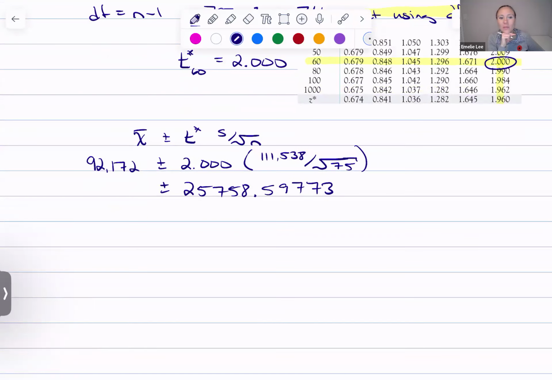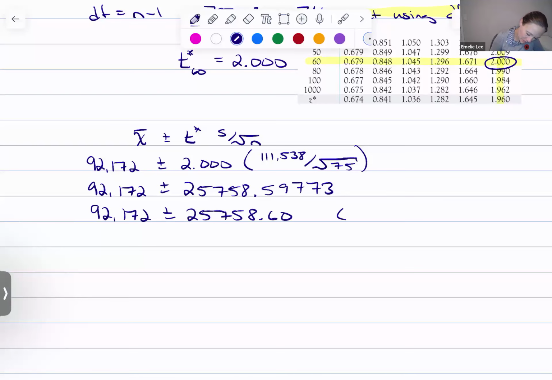This is money, so I'm just going to go ahead and round this to 2 decimal places right away, because then I don't have to carry my decimals. So 92,172 plus minus 25,758.60, right? 2 decimal places for money.